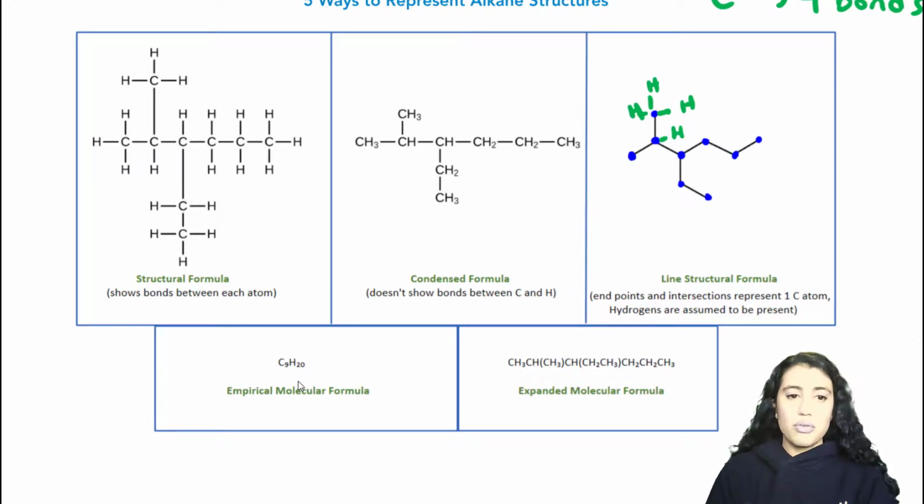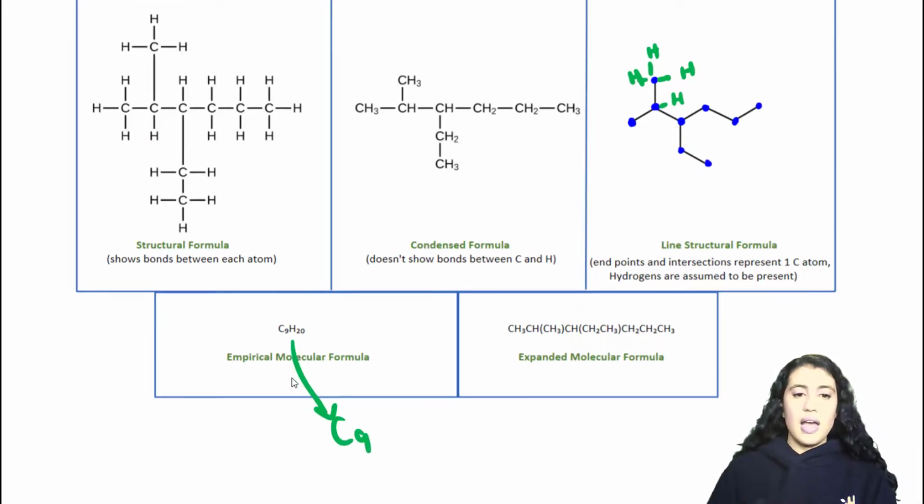So just for review, C9H20, is that an alkane, an alkene, or an alkyne based on those general formulas we learned? So I see that, okay, the N is 9, and it looks like 9 times 2 is 18 plus 2.